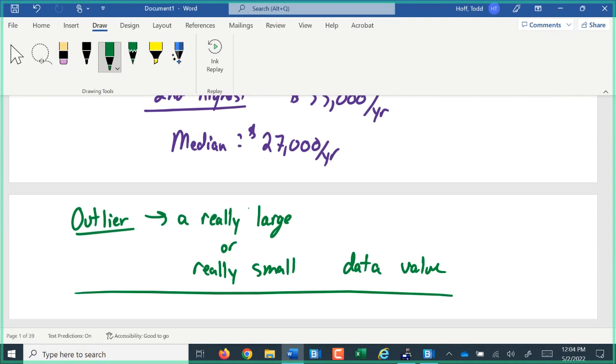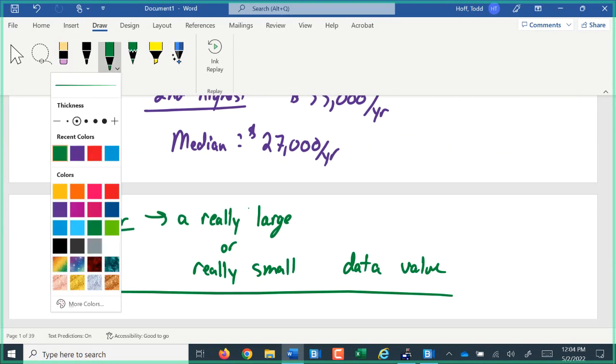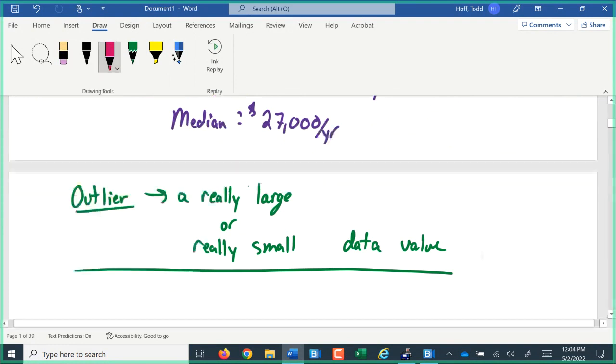Those outliers, or those really small, really large values, can have a drastic effect on our statistics describing the sample. And that effect is called sensitivity.